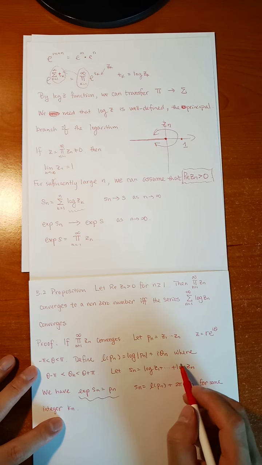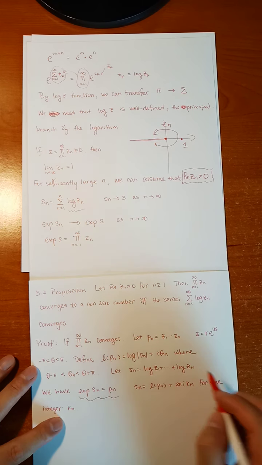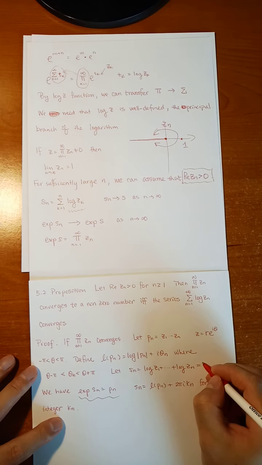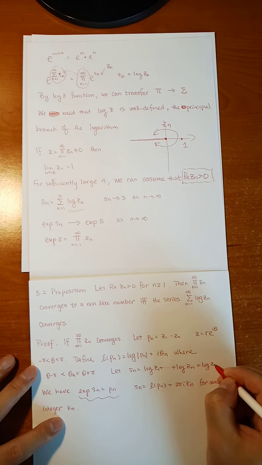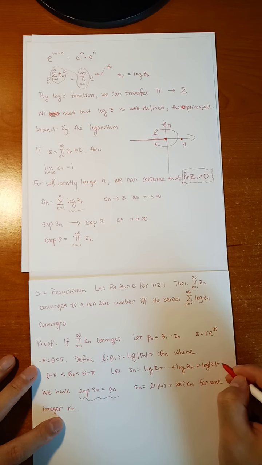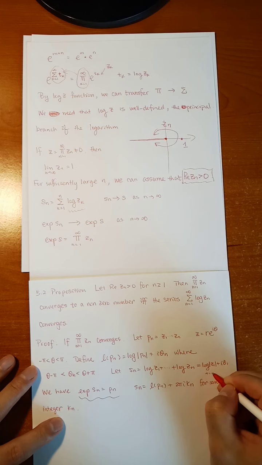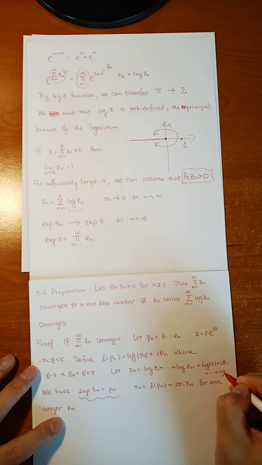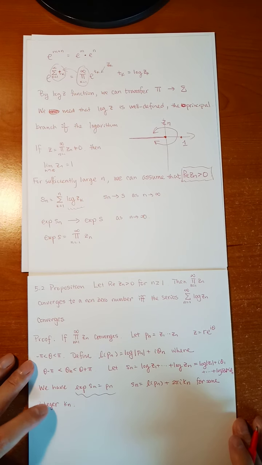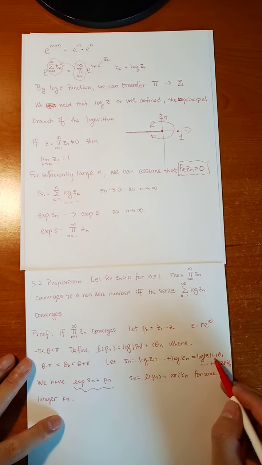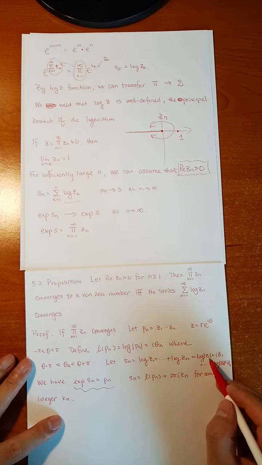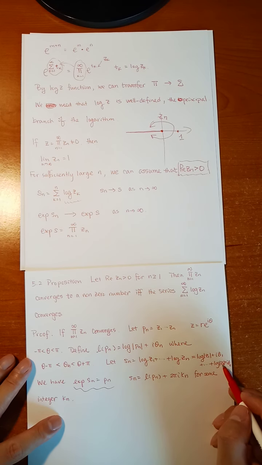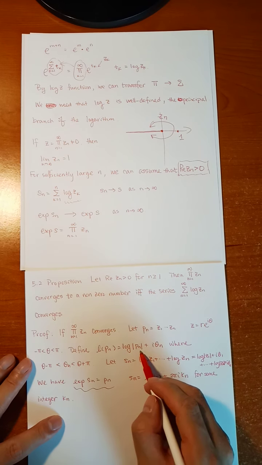When you add all these things together, you will actually have the log of the absolute value of z1 plus i theta 1, plus dot dot dot, and log of the absolute value of zn plus i theta n, right? So you just have a lot of individual terms, and then you add the log of the absolute value of z1 through the log of the absolute value of zn. They will give you the log of the absolute value.